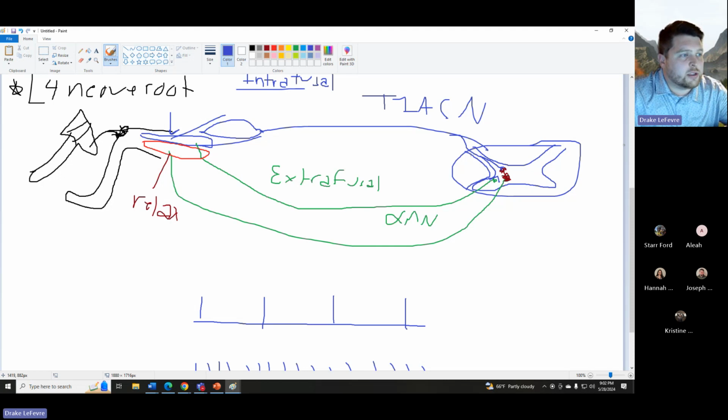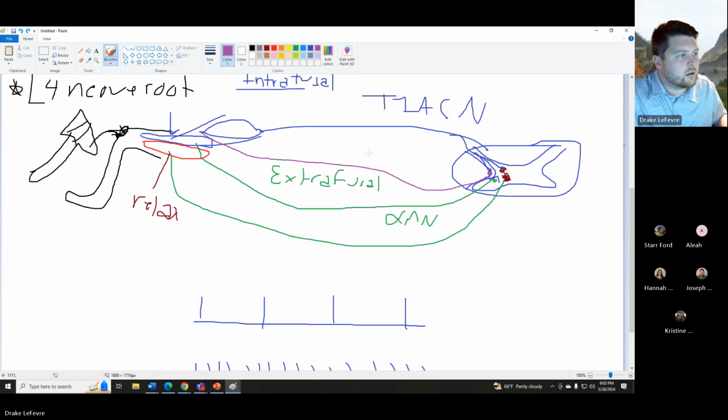The next part is we also have another one coming out here that binds to a gamma motor neuron, which goes back to where the muscle spindle is. This is a lambda. Frick, what's gamma?